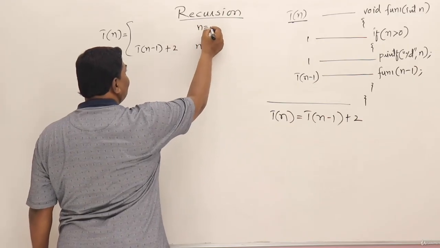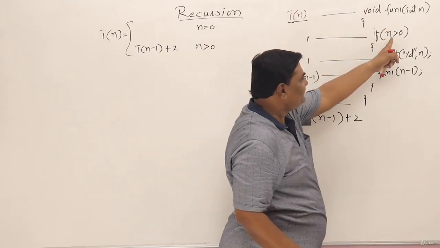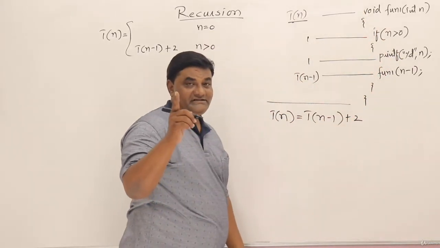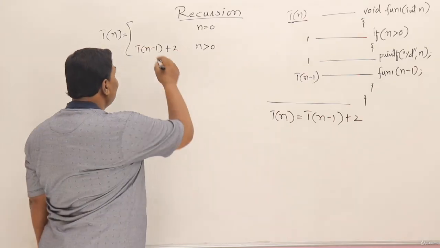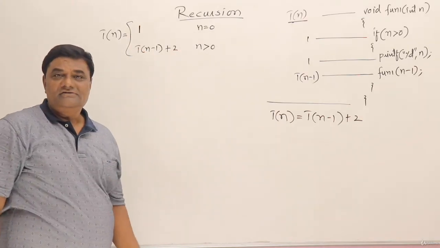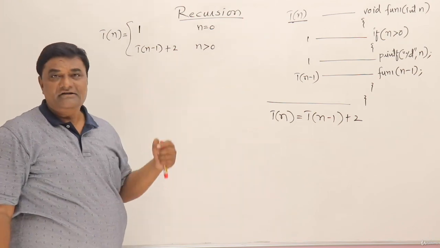What happens when n is equal to 0? When n is equal to 0, it will just check the condition. It will not enter inside and it will come out. So just checking the condition, 1 unit of time. So it takes 1 unit of time. So this is the recurrence relation formed from that function.